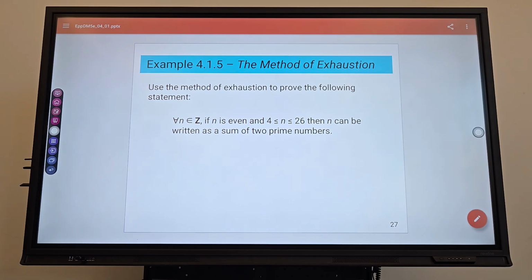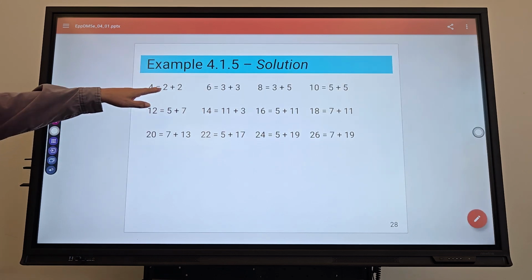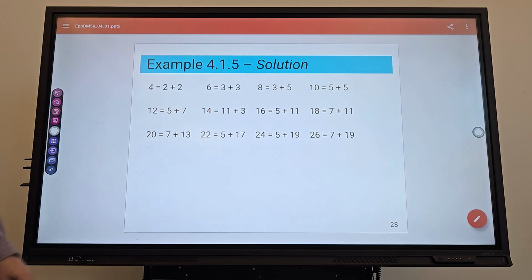Well, you can go through all the combinations and write each value as a sum of two prime numbers. That would be the proof by exhaustion. You exhaust all the possibilities, showing that the statement is true.